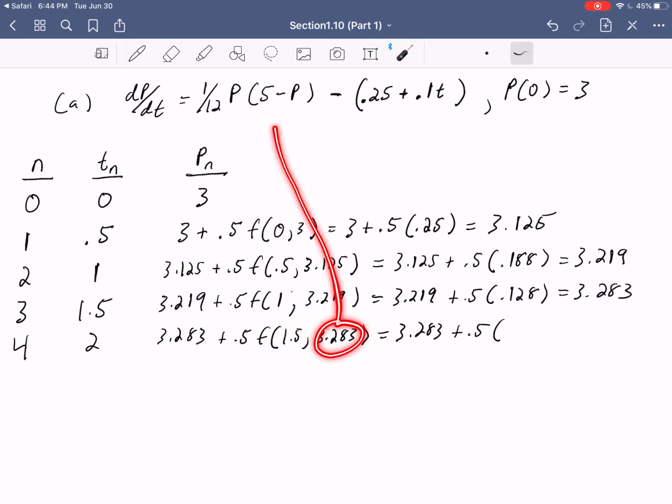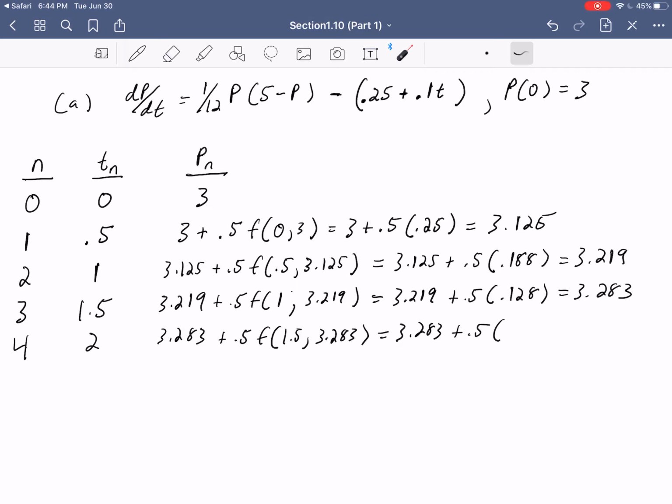Once again, this going in for p, this going in for t. So 1 divided by 12 times 3.283 times 5 minus 3.283, and then minus 0.25 plus 0.1 times our previous t, which is 1.5.